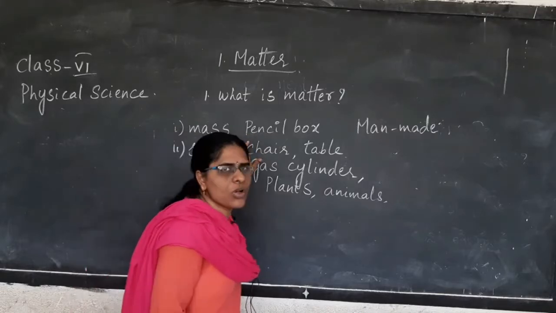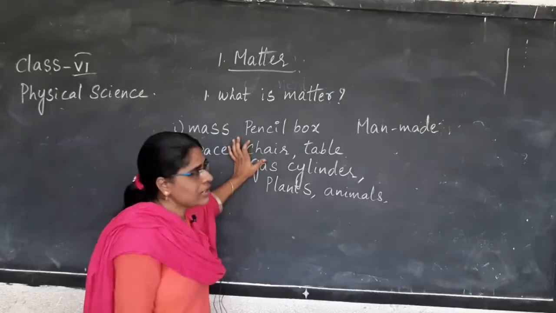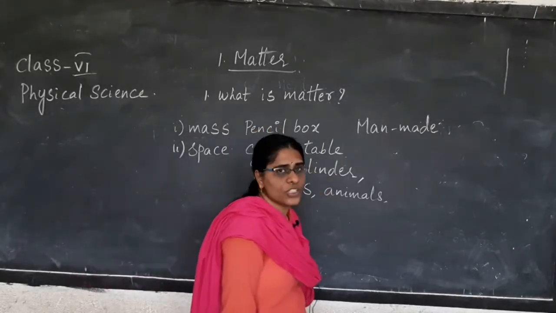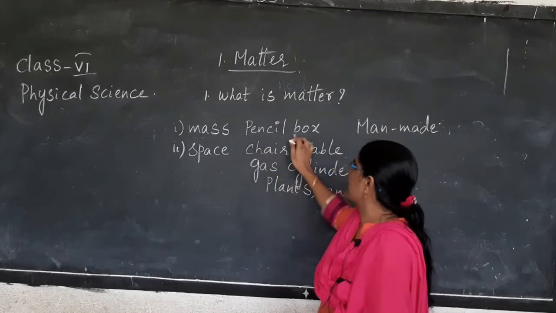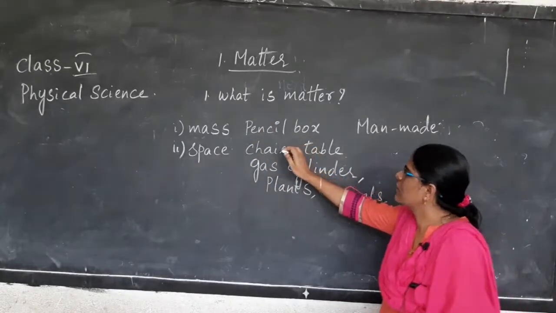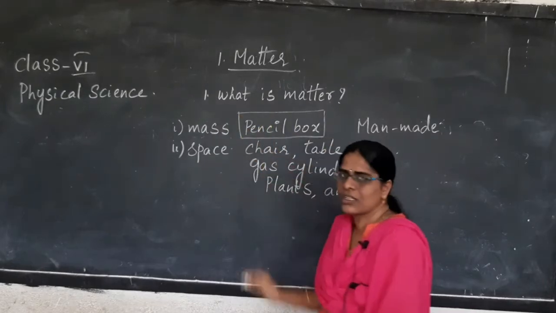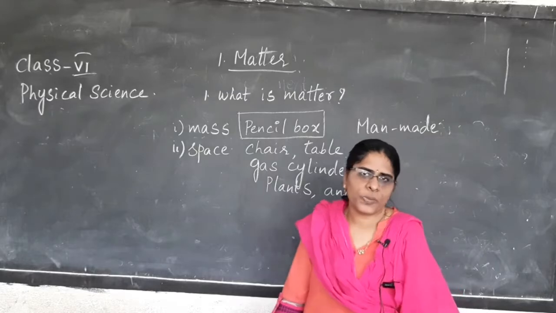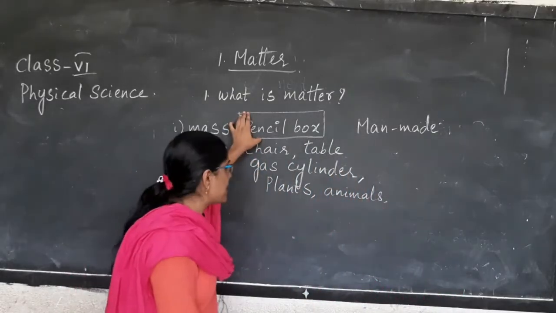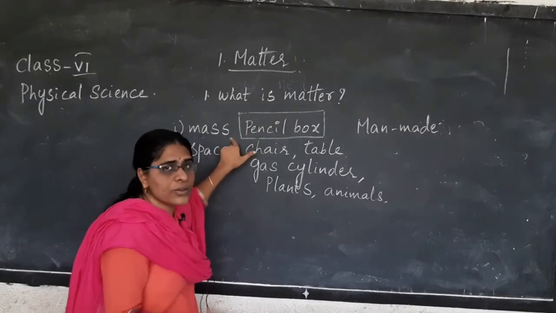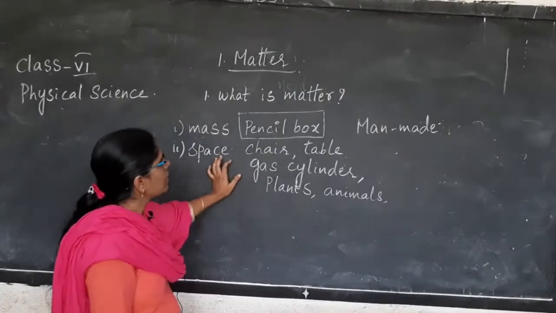Does your pencil box have some weight? Do you feel some mass there? We will feel some mass of an object like your pencil box. Now, when you keep it on a chair or a table, does your pencil box occupy some space there? Your pencil box also occupies some space. We observe that your pencil box has both mass and it is occupying a space.